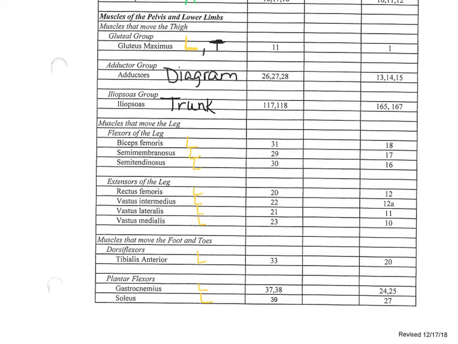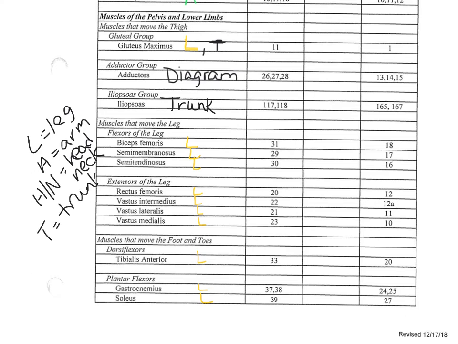All right, so as long as you remember that, L equals leg, A equals arm, H slash N is the head and neck, T equals trunk, and CP equals chest plate.